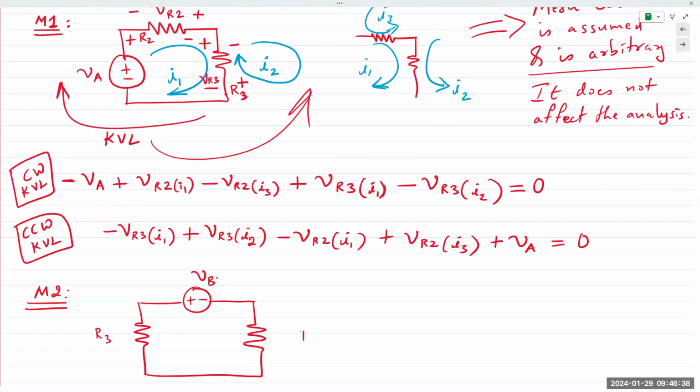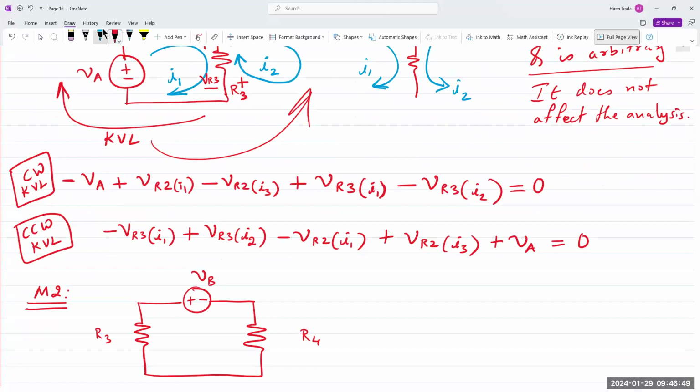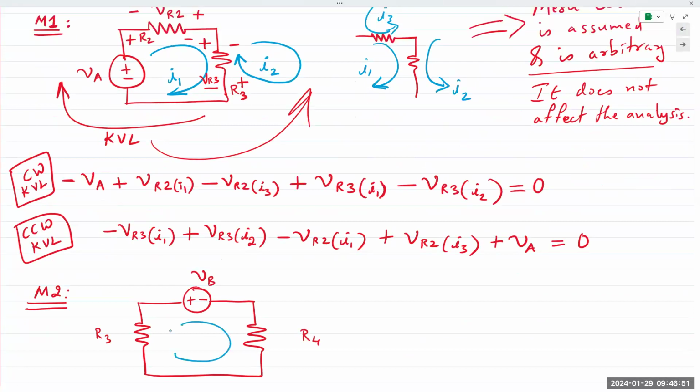And I have a clockwise direction for my mesh current, I2. And of course, I1.